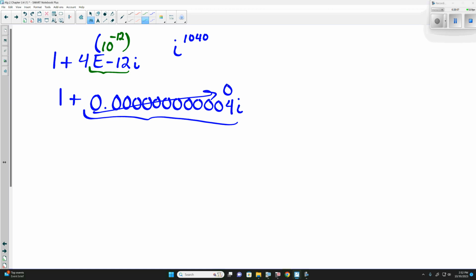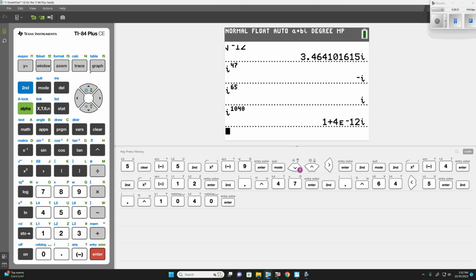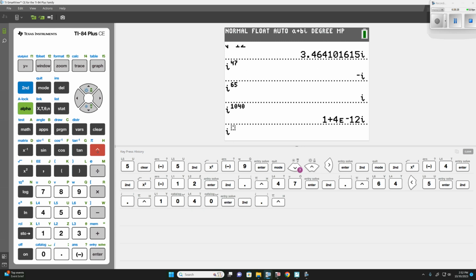Now, up to a certain point, finding powers of I in the graphing calculator works fine. But once we pass a certain point, we have to start actually interpreting this here, that this is 0. Because if we went one more, I to the 1041, well, if 1040 was 1, 1041 should be I, yes?